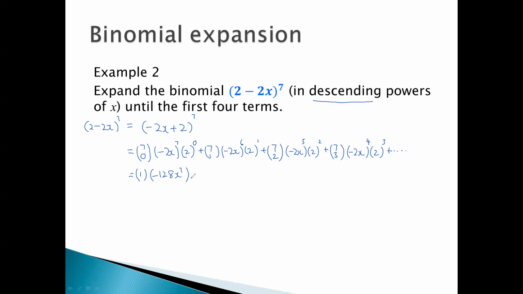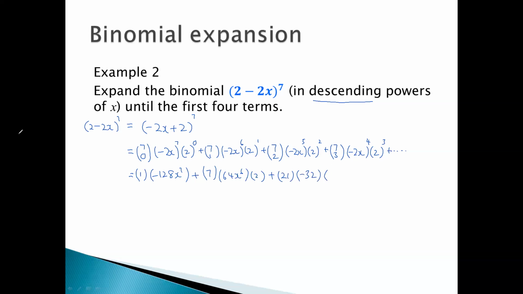So next, 7 choose 1 is actually 7. Negative 2 to the power 6 is 64x to the power 6 times 2, plus 7 choose 2 is 21, negative 2 to the power 5 is negative 32 times 4.